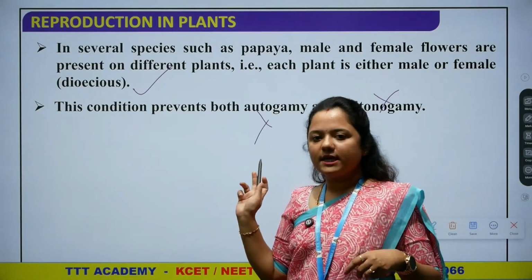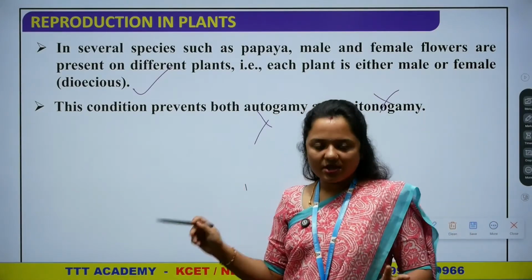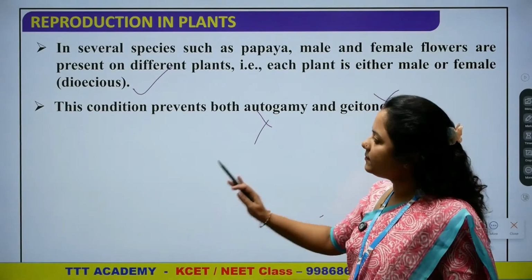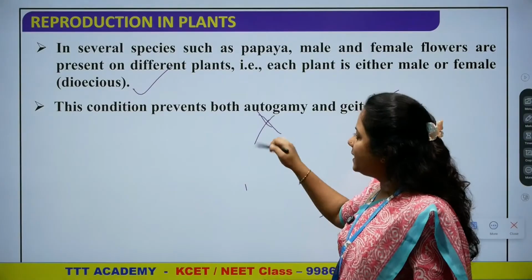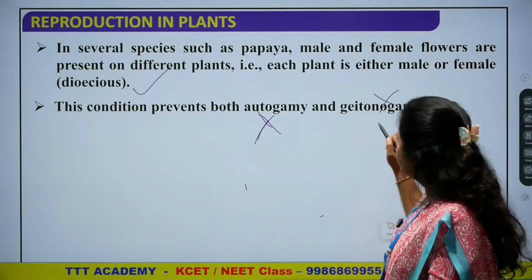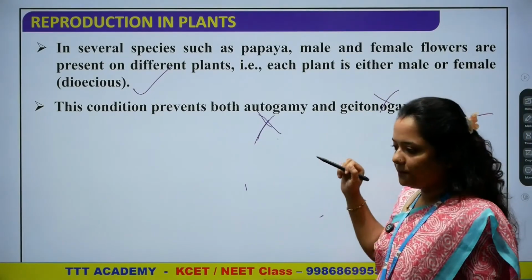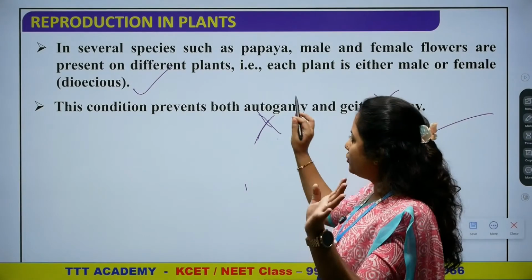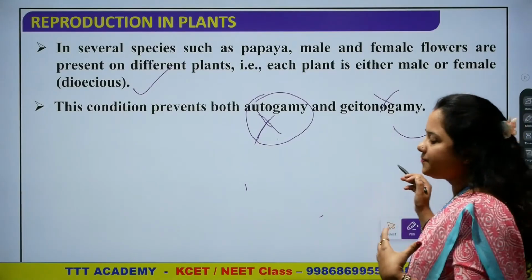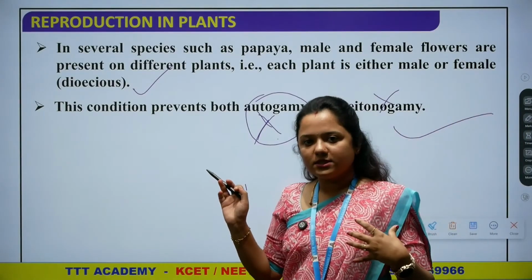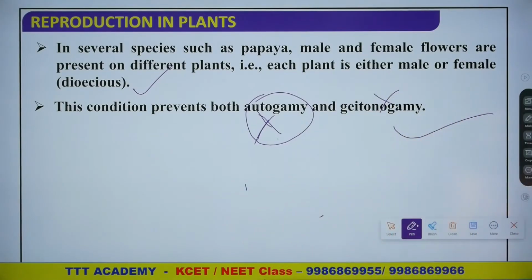Of course, these pollination types will occur only when they are on the same plant, correct? But in the monoecious condition, autogamy is prevented and geitonogamy is encouraged. Obviously in dioecious, neither has any role, but geitonogamy is present there, and here it is absent. This process is absent. All right.